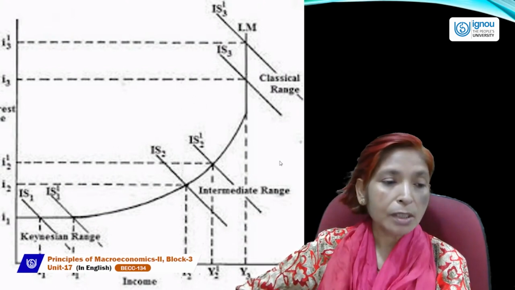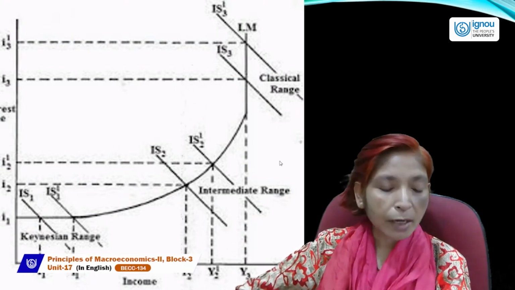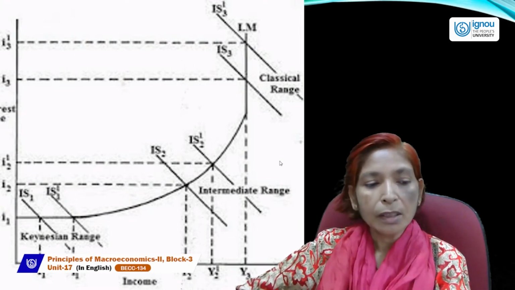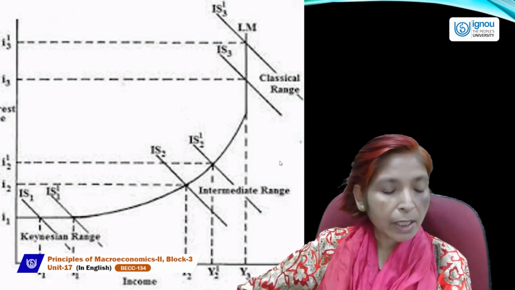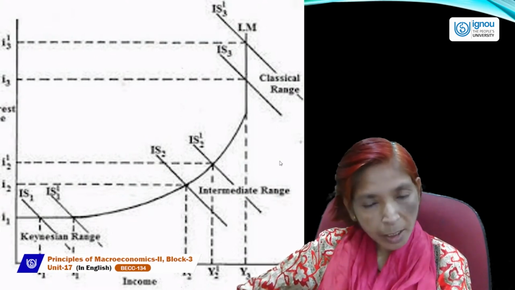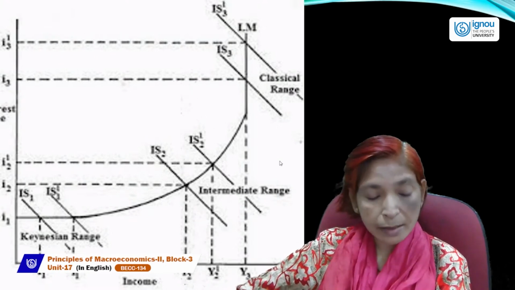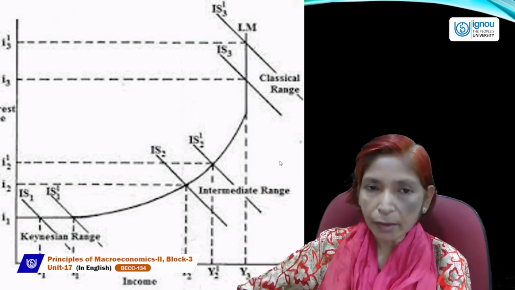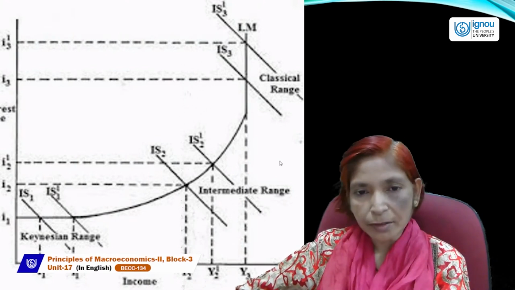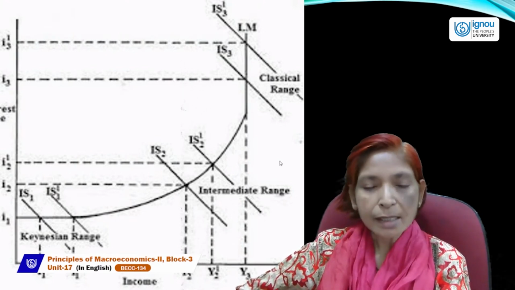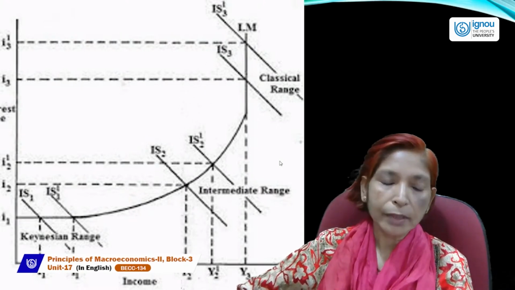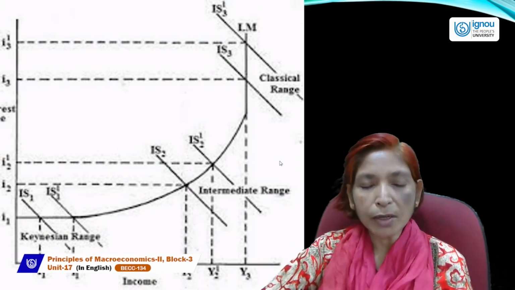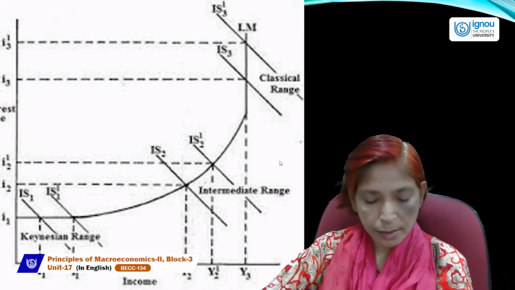But in the Keynesian range, expansionary fiscal policy gives full effect, and there will be no crowding out situation, because in the Keynesian range income level is increasing to its full capacity. That's why fiscal policy is more effective in the Keynesian range, not effective in the classical range, and less effective in the intermediate range. So this is the effect of expansionary fiscal policy on different ranges.